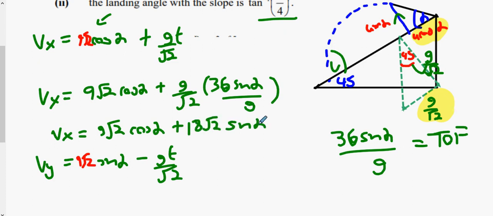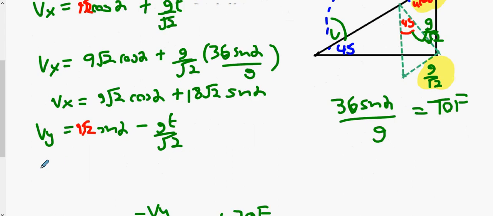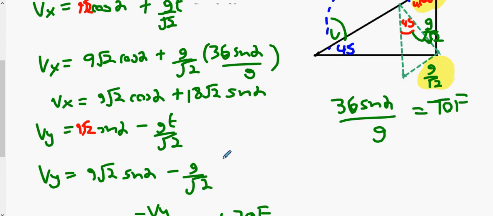Okay, do the same thing for Vy underneath. And as I said earlier, Vy has to be negative because it's landing. Okay? If it's not negative, something's wrong. Now, this is basically going to turn into 9 root 2 take away 18 root 2, which is minus 9 root 2 sine alpha.